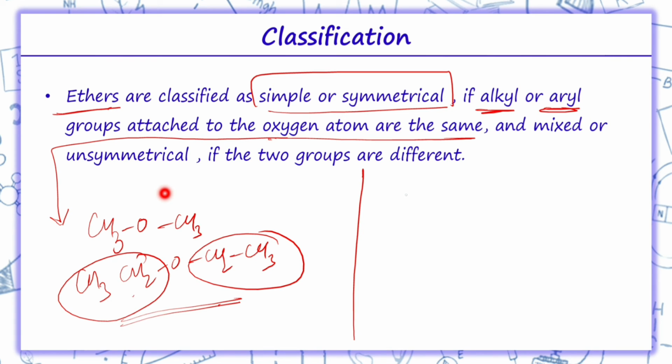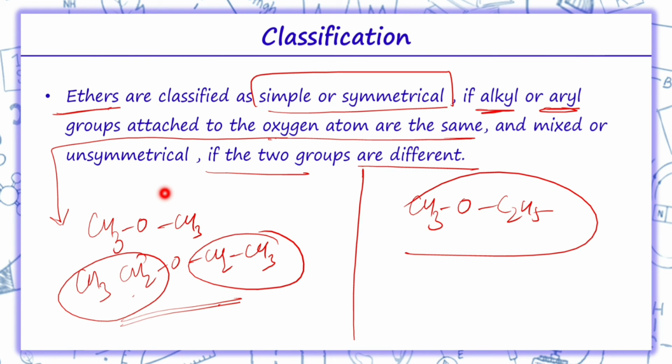Mixed if the two groups are different, like CH3OC2H5. This is known as mixed ethers. That is, the groups attached to oxygen are different.